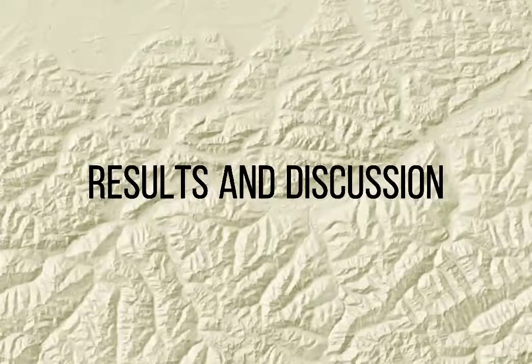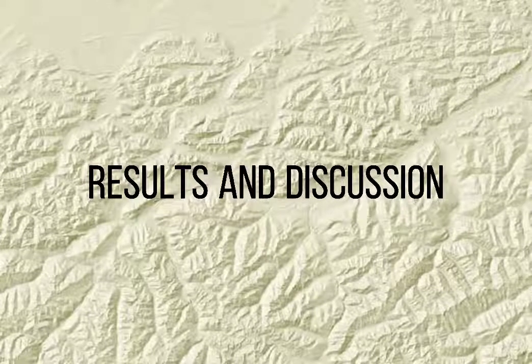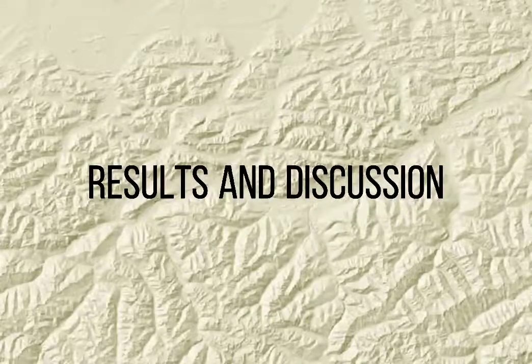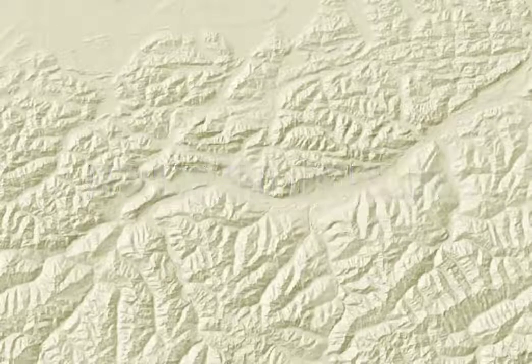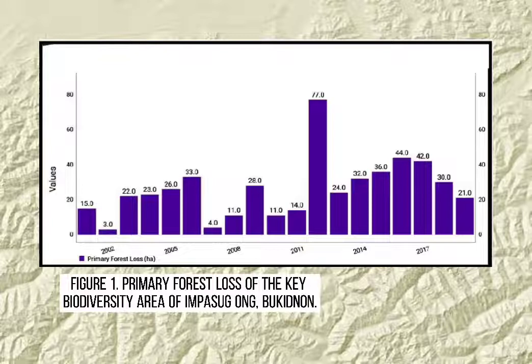Results and discussion. The forest cover loss in the key biodiversity areas in Impasug-ong, Bukidnon was presented and discussed from the use of Global Forest Watch. The causes of the changes were discussed as well. Number 1. The primary forest loss. Figure 1 shows the primary forest loss of the key biodiversity area of Impasug-ong, Bukidnon.